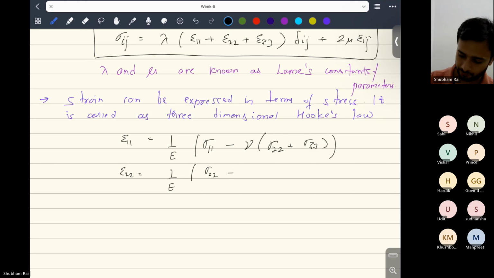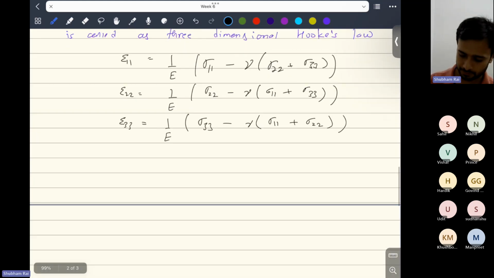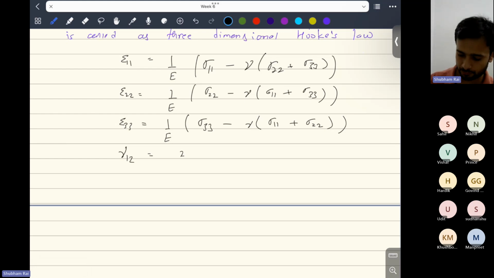So epsilon 1 1 is 1 over E times sigma 1 1 minus nu times (sigma 2 2 plus sigma 3 3). And gamma 1 2 is obviously twice epsilon 1 2, and this is given by sigma 1 2 by G.